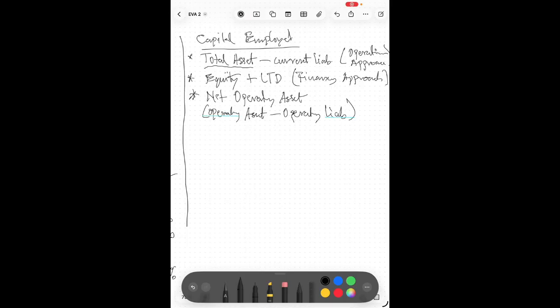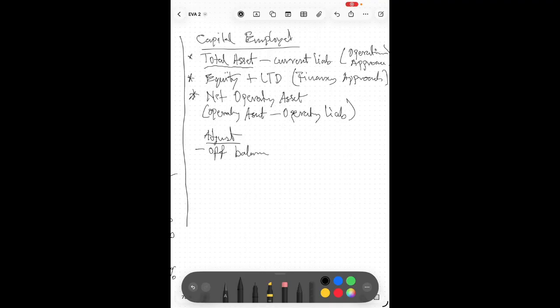Once you have calculated with any of these, you can now make adjustments.